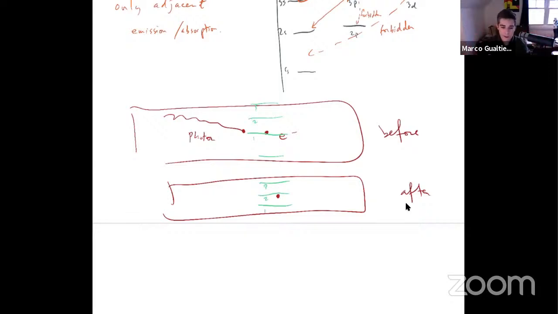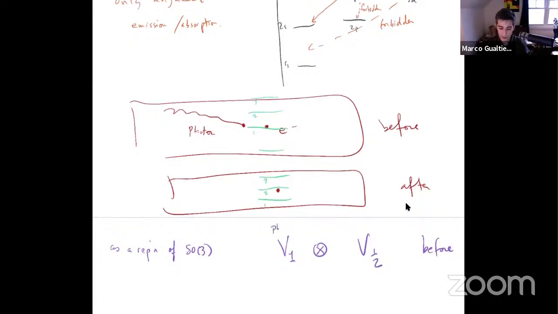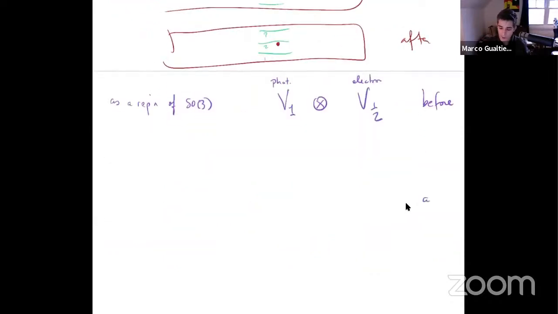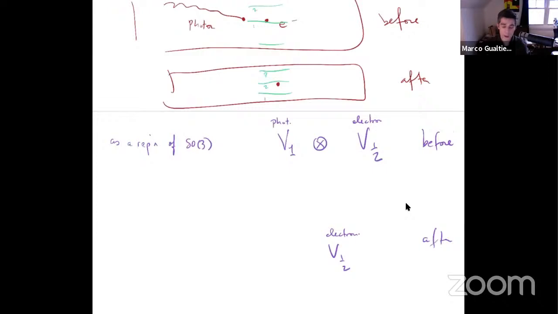So that means that as a representation of SO3, we have V1 tensor V1/2 before, because we have the photon and the electron, and after we have the electron. But the electron is in a certain state.